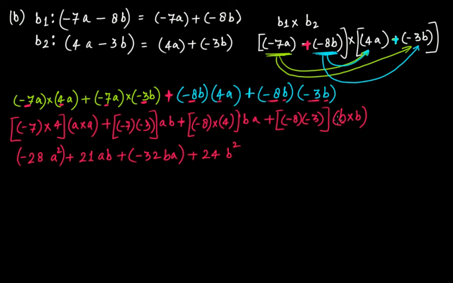Now this is minus 28A squared, this is 21AB, and this is minus 32BA.